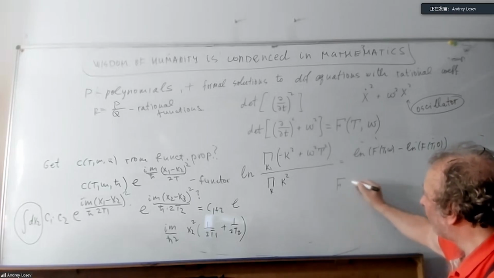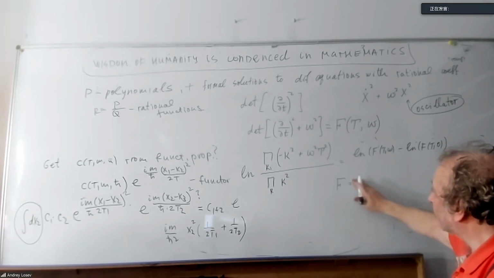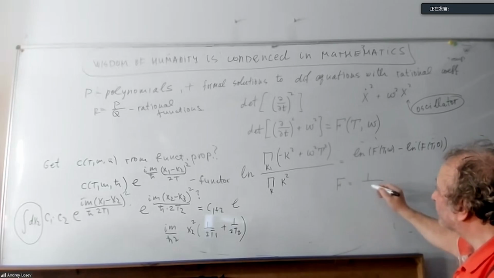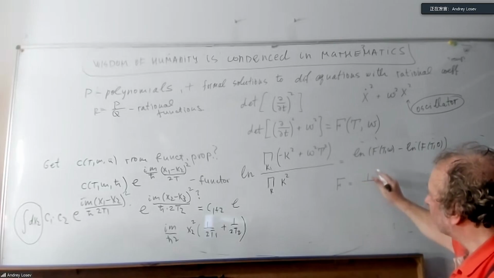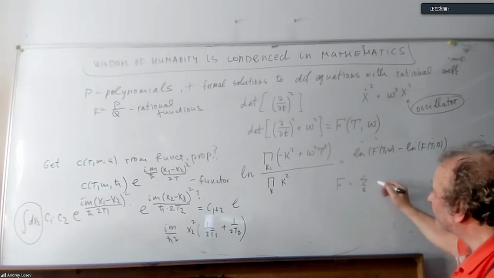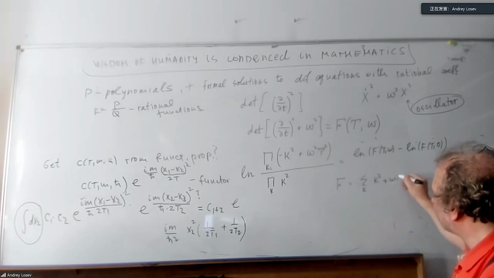So f is what? It is the log of this, so it is a sum of, okay, k squared plus omega t squared.